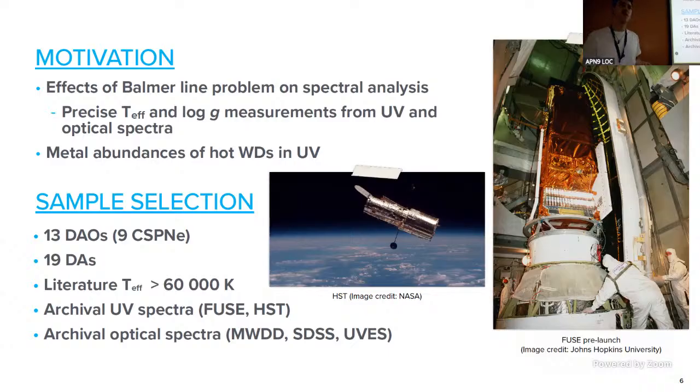For that reason, we selected a sample of hot hydrogen-rich white dwarfs, including 9 central stars. These objects are above 60,000 Kelvin, with archival UV and optical spectra.